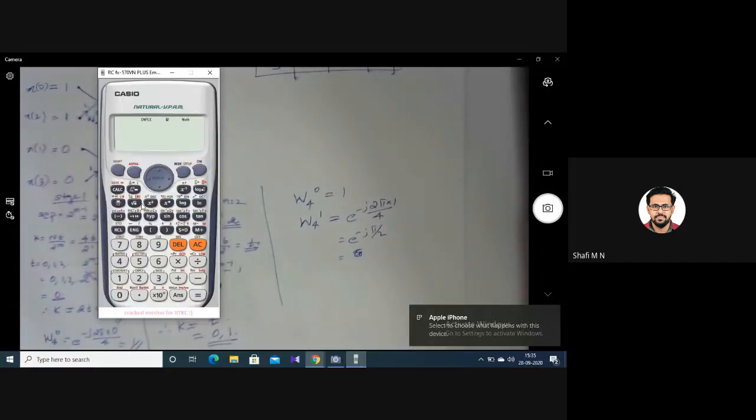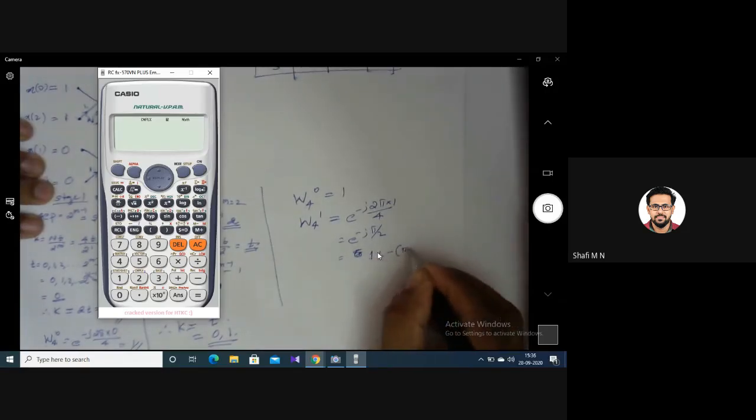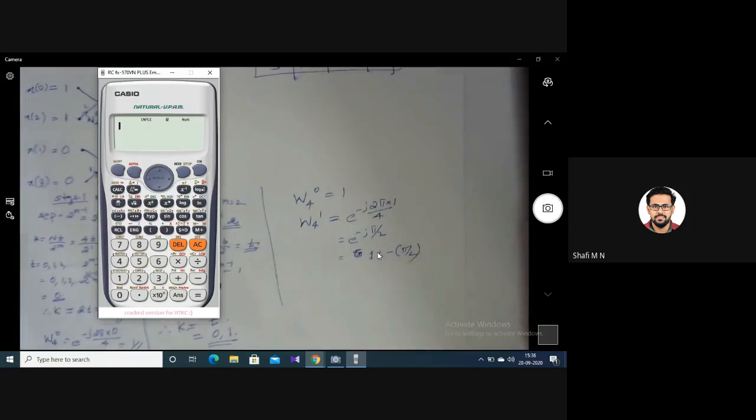I need to find the value of this thing, right? So this is 1 angle minus pi by 2, isn't it? Let me write in the calculator 1, angle, minus pi divided by 2.